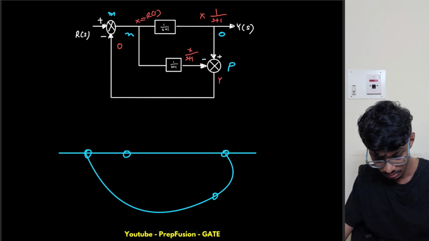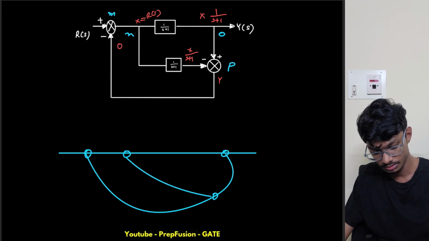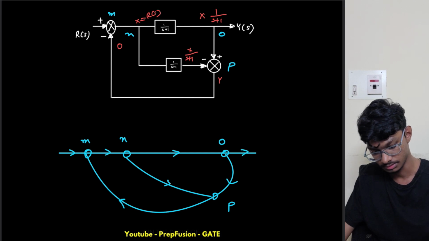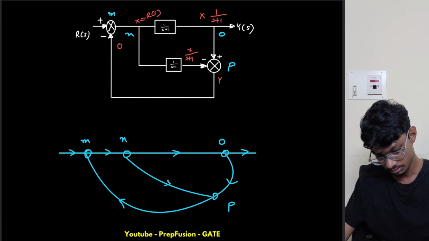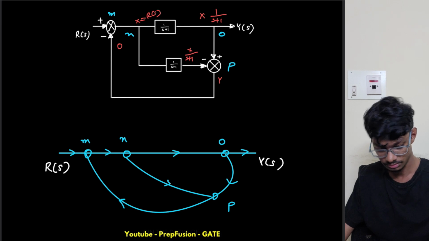And this is another branch, this is another branch, this is M, N, O, and P. This is another branch, and this is another branch, this is another branch, and this is another branch. This is R of s, this is y of s, right?